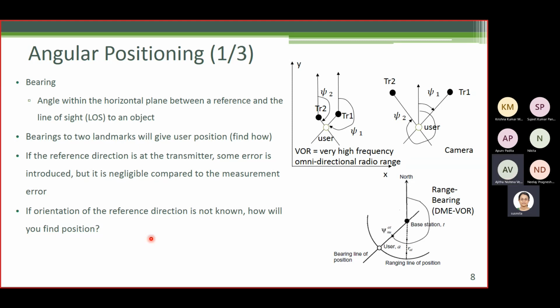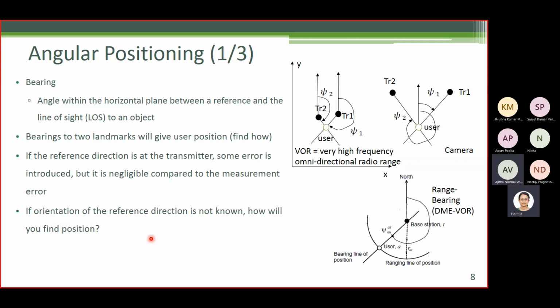When there are two unknowns to solve for, you need two transmitters, correct? Two bearing measurements. Yes, ma'am. So what will you do?